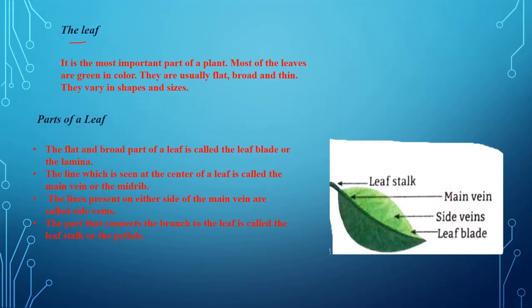So the leaf. We are going to study the leaves. It is the most important part of a plant. The stem will form the main part of the shoot system, but the leaf will form important parts of a plant.